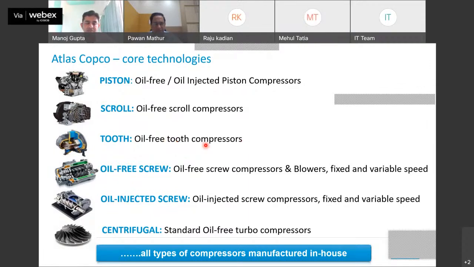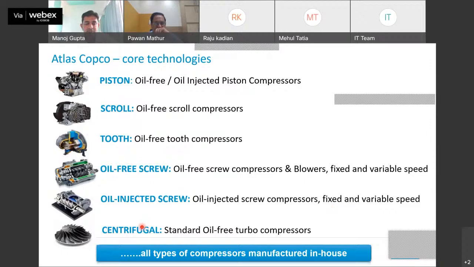This is the best technology available. Then we have oil-free screw compressor available, up to 100 kilowatt also. Compressor blower and all the technologies are available, like fixed speed and variable load, VSD also. We have oil-injected compressor also available with us. Fixed speed and VSD, both with inbuilt drive, are also available.